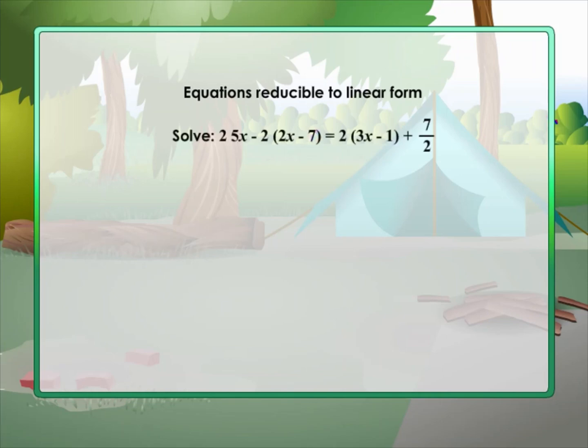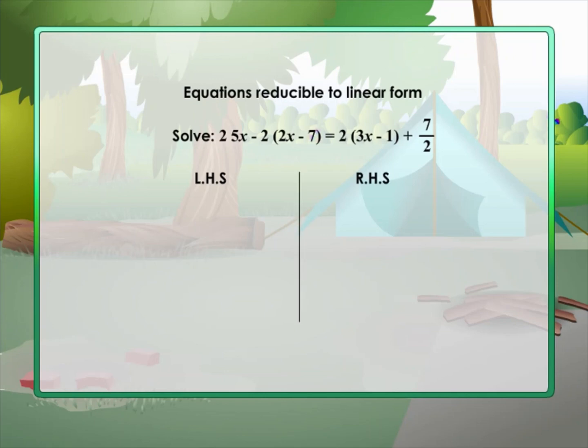5 into (x minus twice of (2 into x minus 7)) is equal to twice of (3 into x minus 1) plus 7 divided by 2. We simplify the LHS into simple form, and then we simplify the RHS into simple form.